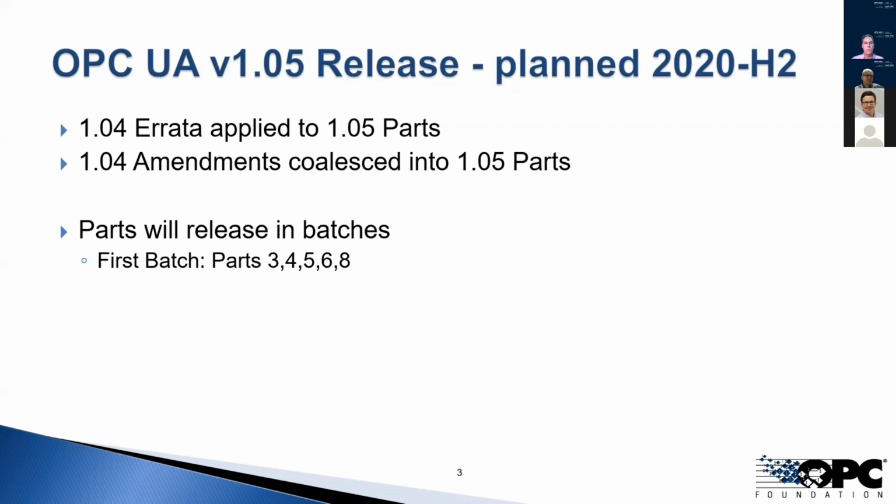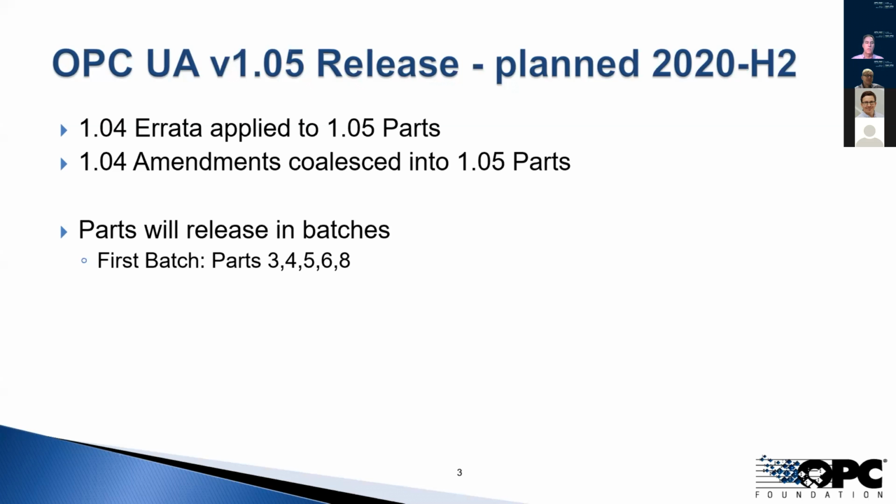So we've amassed quite a number of those, and again, the real work is to simply take all that stuff and put it into a cohesive set of parts. So we're still planning this release to happen starting this year.